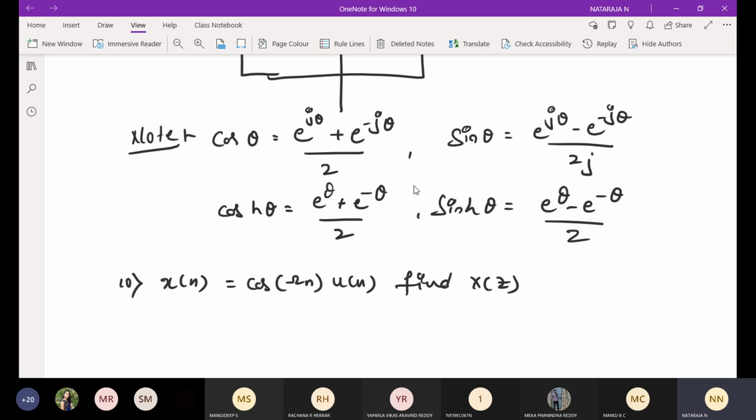You just replace cos omega n with (e power j omega n plus e power minus j omega n) by 2 into z power minus n. Then you can take 1/2 outside: 1/2 summation 0 to infinity (e power j omega z inverse) whole to the power of n. One more term, 1/2 summation 0 to infinity (e power minus j omega z inverse) whole to the power of n. You make two different terms.